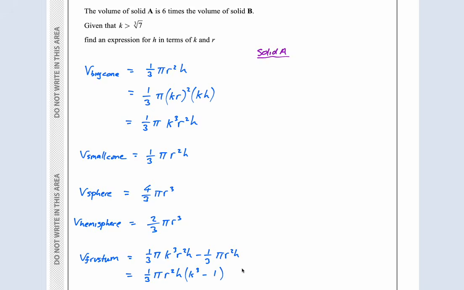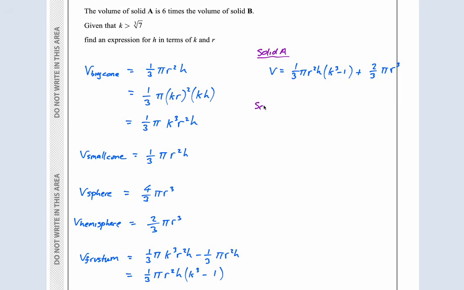That's like factorizing. So solid A is the frustum plus the hemisphere. Volume equals frustum, a third pi r squared h times k cubed minus 1, plus hemisphere 2/3 pi r cubed. That's solid A.